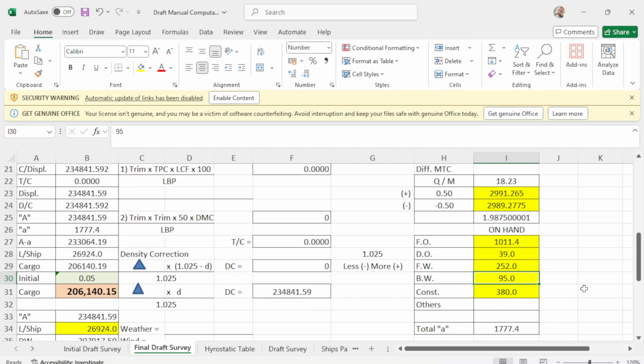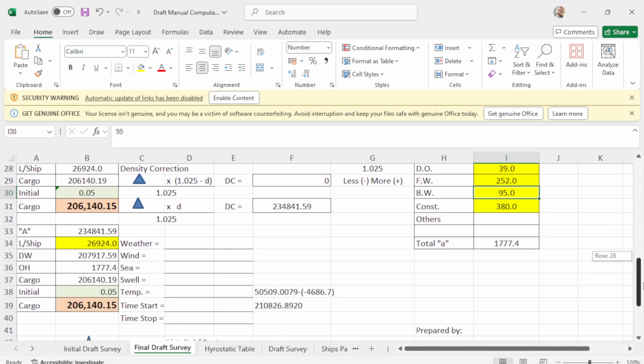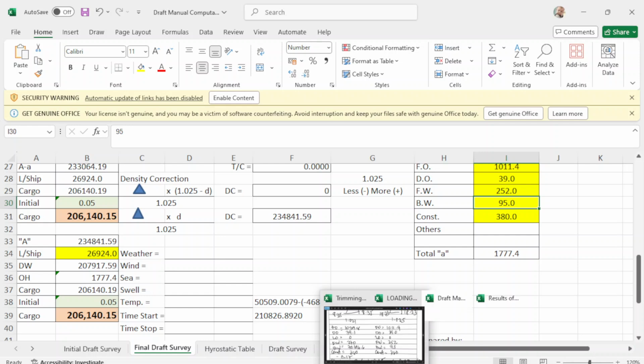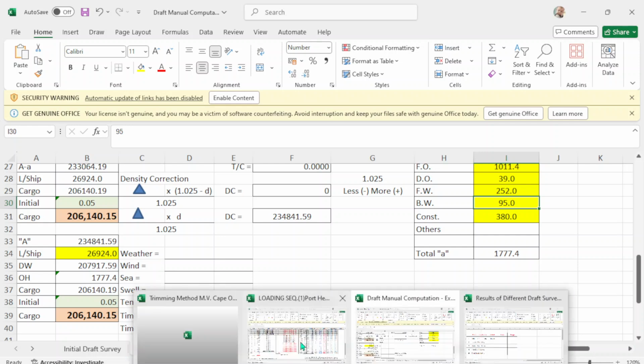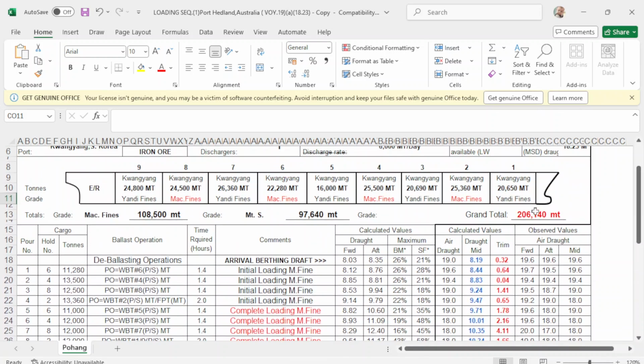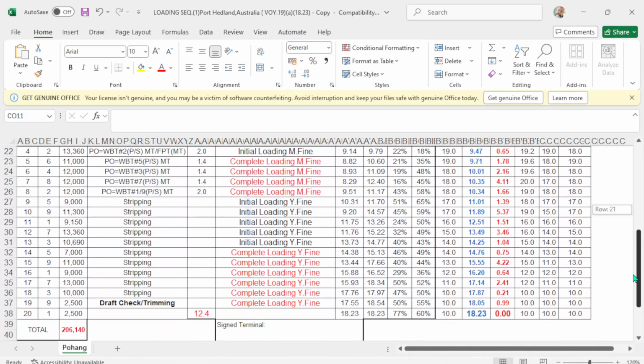Okay, then check now for your cargo. So your cargo is 206,141.15, which is almost the same as your total cargo of 206,140 metric tons. Okay, almost the same.